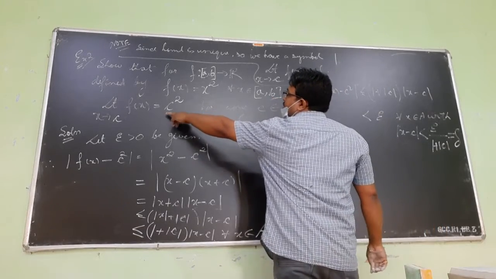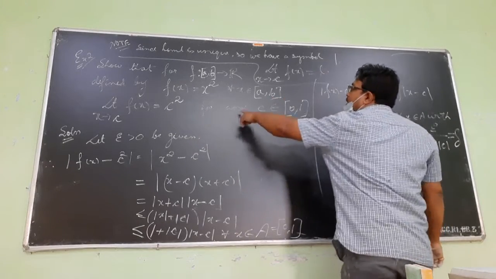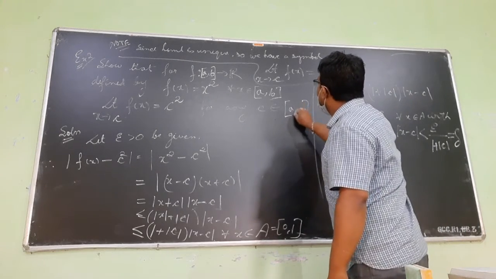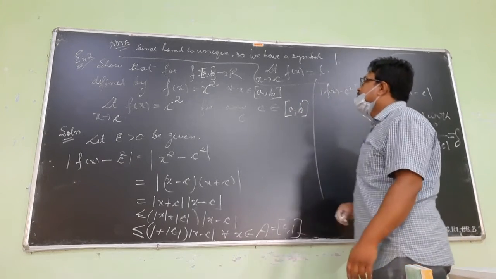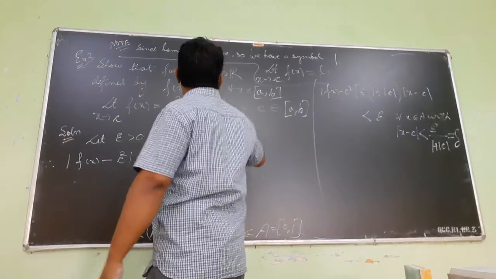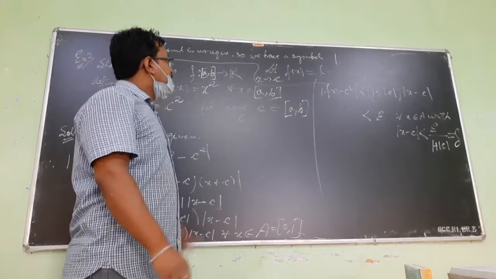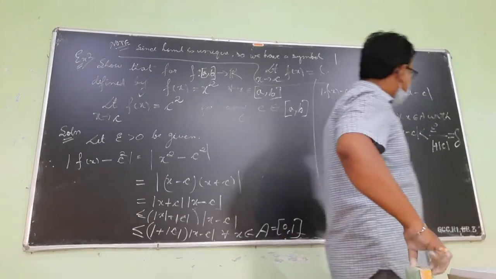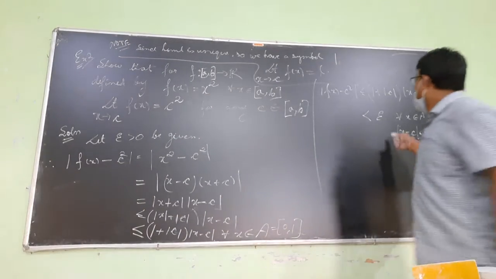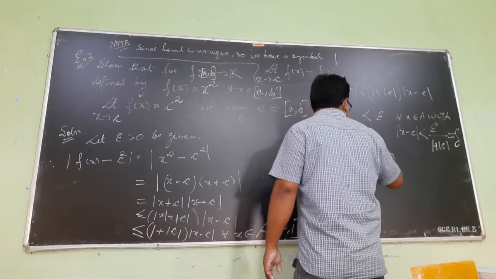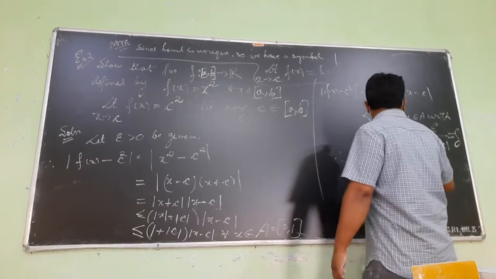So limit x tends to c equal to c square for any c inside the closed interval. Try this. It is exactly similar. You complete this one: limit x tends to c of f(x) is equal to c square.